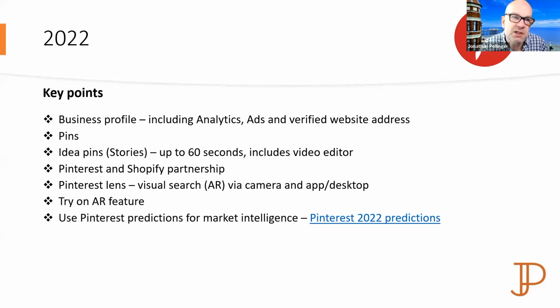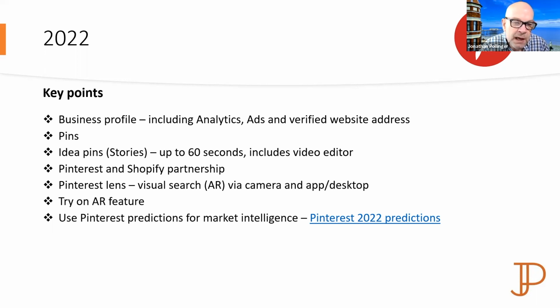For example, on Pinterest, you can trim the videos. You can't do that on Instagram. But both have the standard stories functionality, as we'll see in a second, adding stickers and that kind of thing. There's a Shopify partnership that I mentioned, but only available in the US right now, but hopefully here soon.